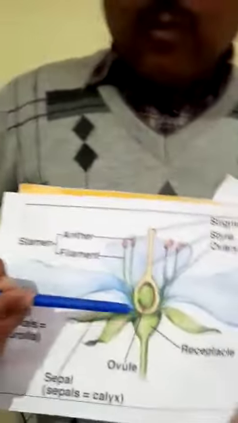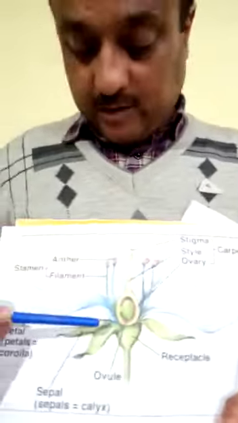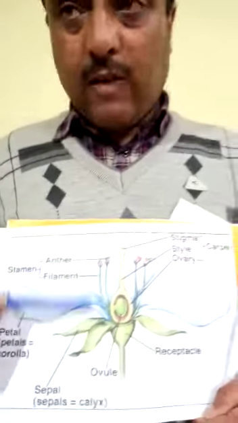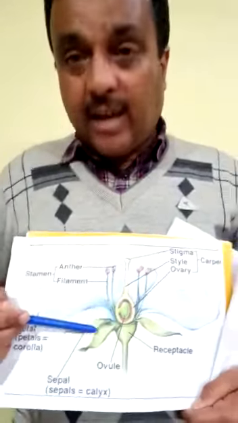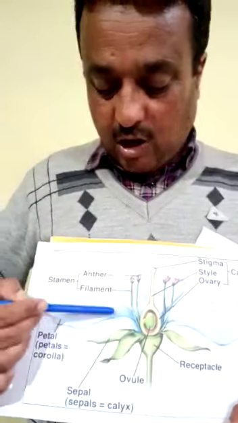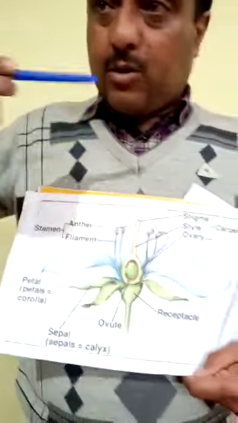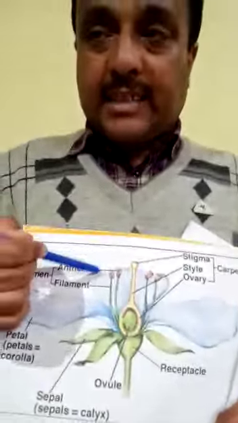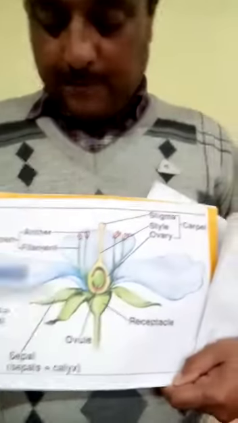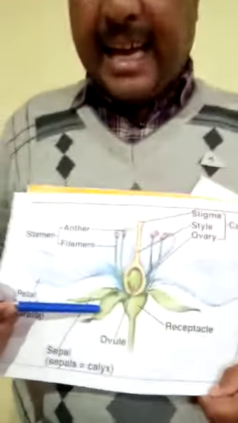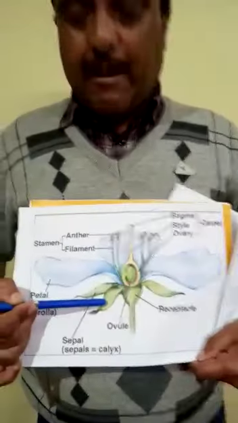The two lowermost whorls are regarded as the non-essential parts of the flower, and the other two whorls are the essential parts. The non-essential parts are the first whorl, the calyx or sepals, and the second, the petals or corolla.